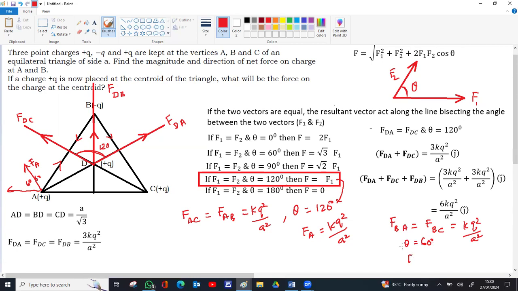So the resultant force for the 60 degree case is root 3 times F. So force on B equals root 3 times kq square by a square, along the line bisecting the forces, that means along minus j. So already done as a separate video. You need to check that.